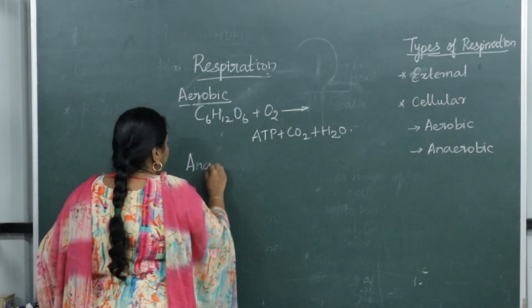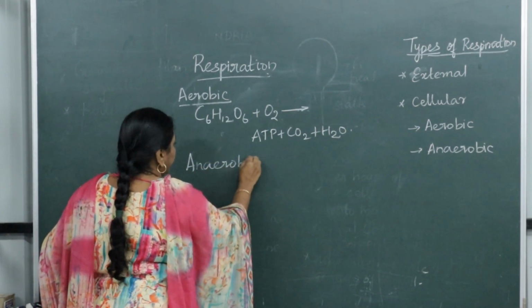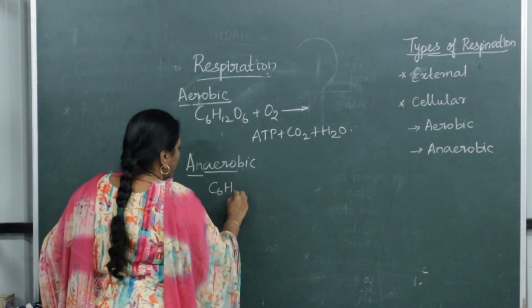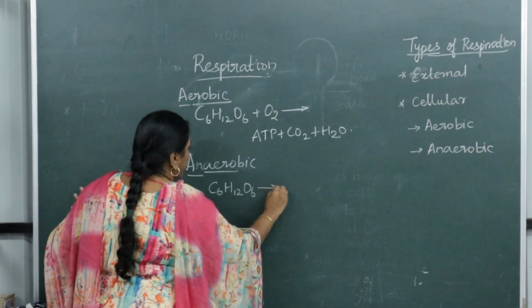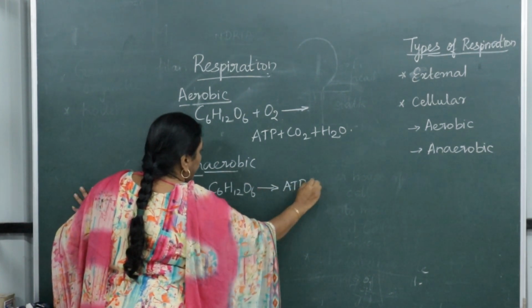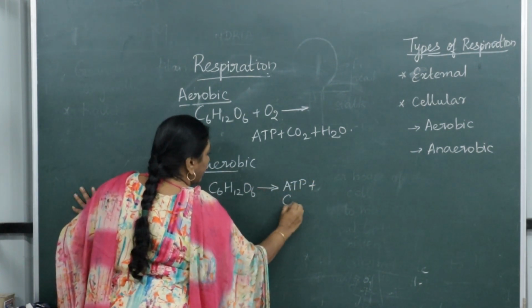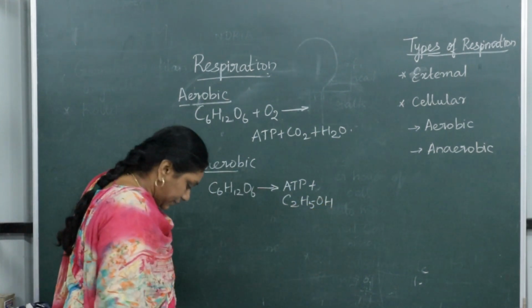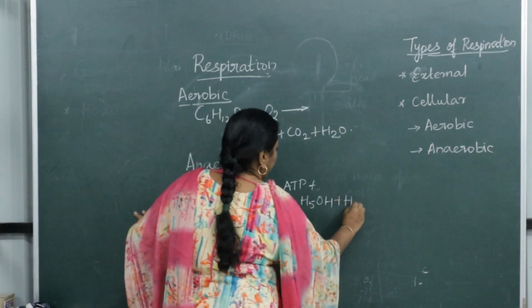Anaerobic respiration: 'an' means absent. There is no air, that is no oxygen, and glucose alone will be broken down to ATP, plus ethyl alcohol coming out, plus water.